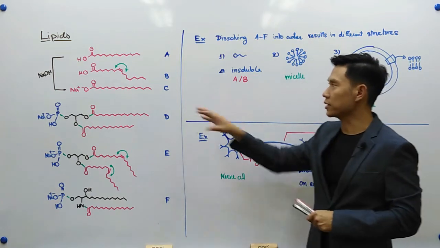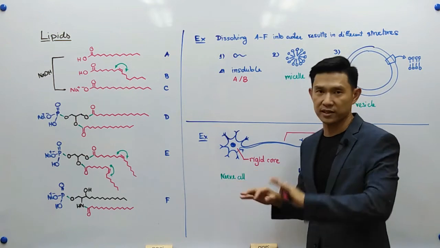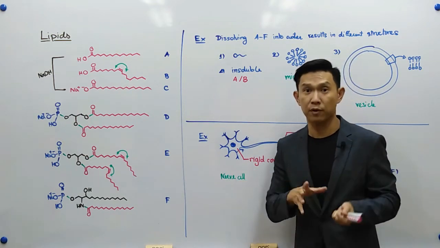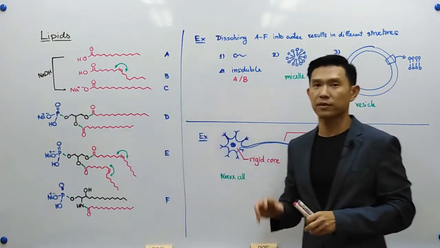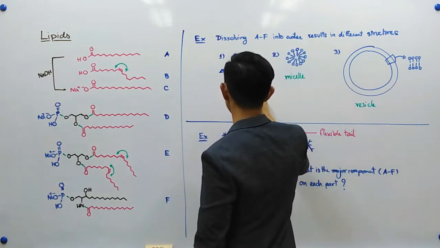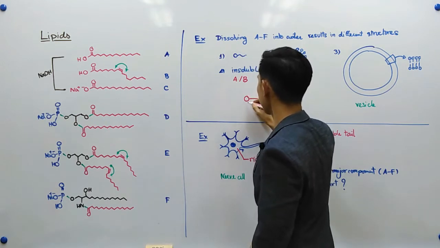After you put it into the water, the sodium is dissociated in water by hydrogen bonding, by ion-dipole interaction to be exact. And for A, you have this one, and this can have hydrogen bonding.